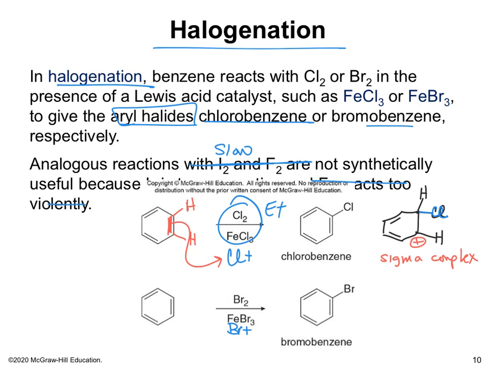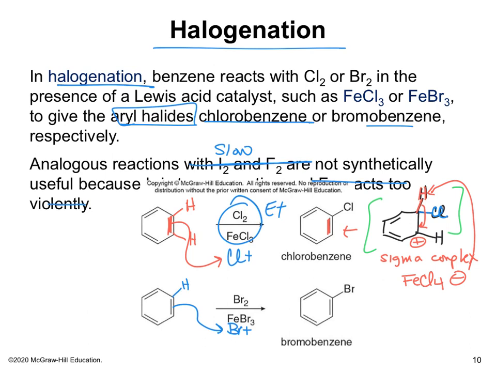And then we do the re-aromatization, which in this case you could just do FeCl4 minus goes and abstracts this hydrogen that's bonded to the chlorine, and then those electrons are going to go to reestablish the aromatic ring. Same thing here.